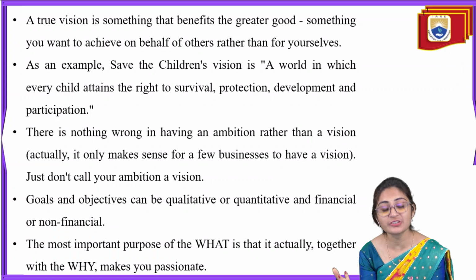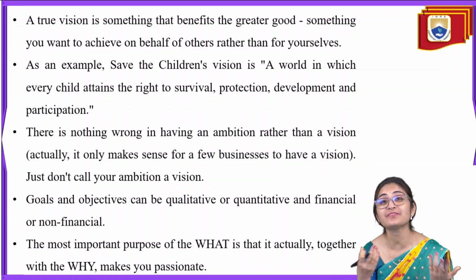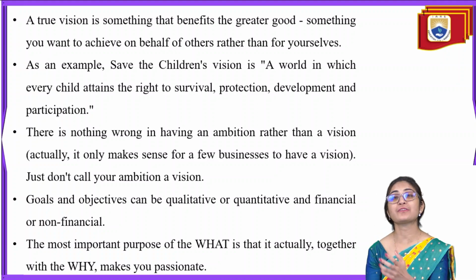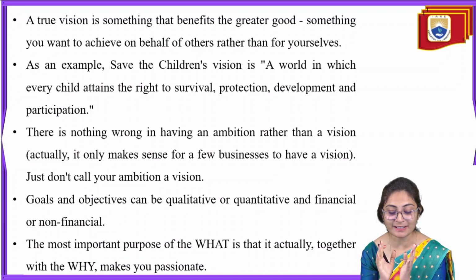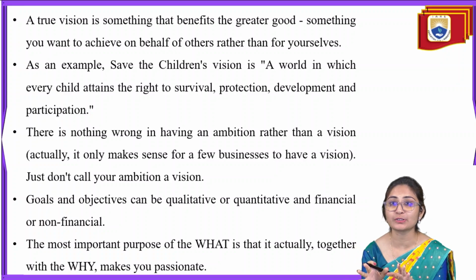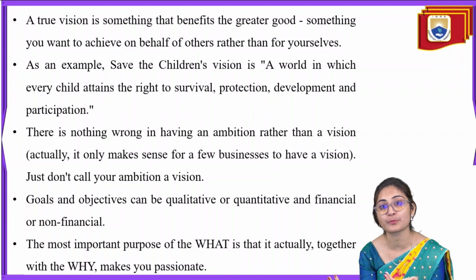This is a vision. There is nothing wrong in having an ambition rather than a vision. It only makes sense for a few businesses to have a vision, and you shouldn't call your ambition a vision. Objectives and goals may be quantitative or qualitative. It depends, and sometimes they can be financial and non-financial also.